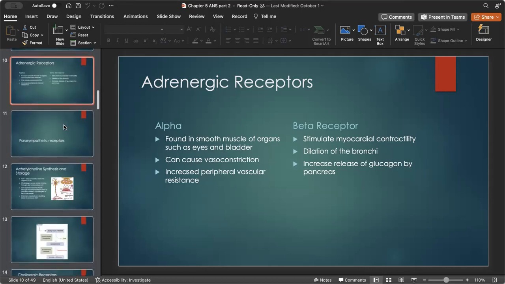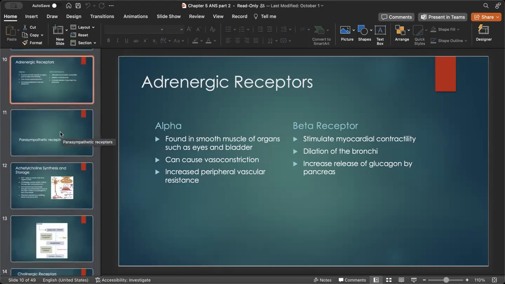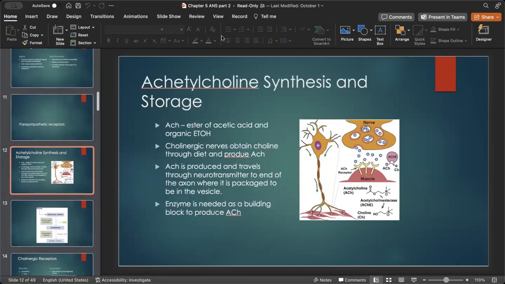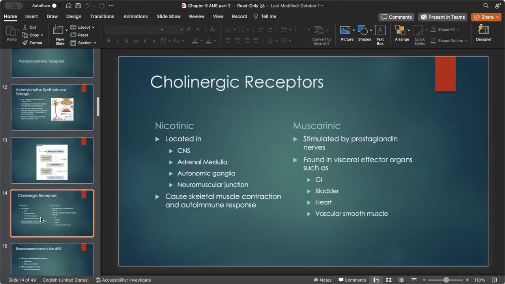So that's some of the things that I want to get with the receptors. The other thing that I want to talk about is the parasympathetic receptors, and they work on acetylcholine, which is another type of neurotransmitter. But when you bind to the acetylcholine receptor, it's going to cause parasympathetic symptoms, which is the opposite of what the alpha and betas do, and all of those symptoms that we talked about before.